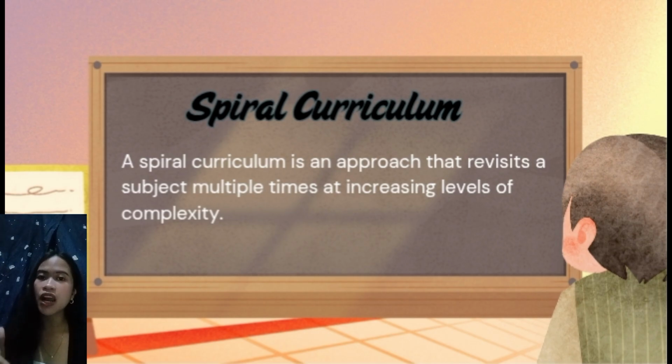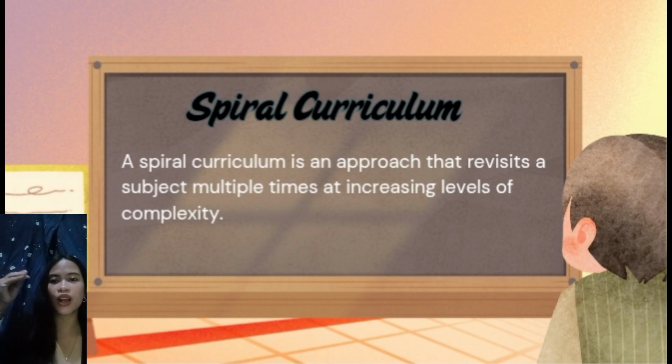Then later, revisit the topic to learn more complex addition and subtraction with two-digit numbers. And eventually, apply those foundational skills to algebra in high school. That is the spiral curriculum: step by step, from basic to more difficult.